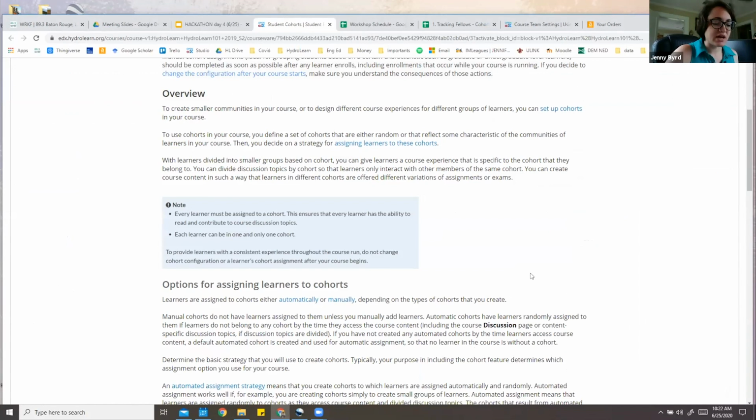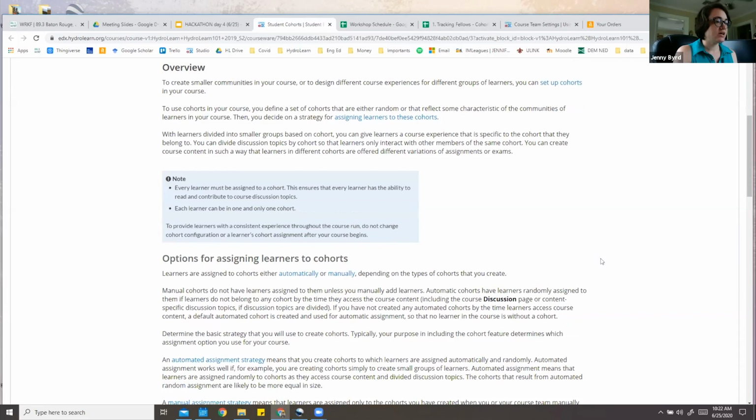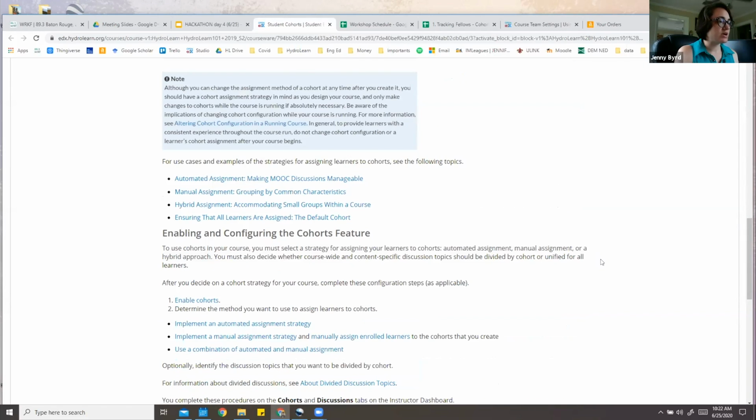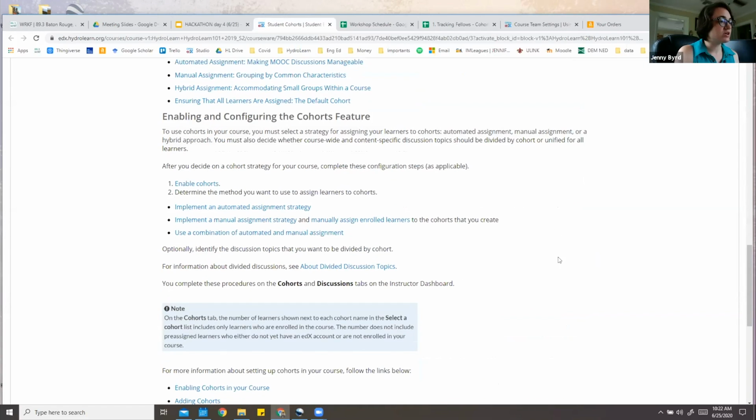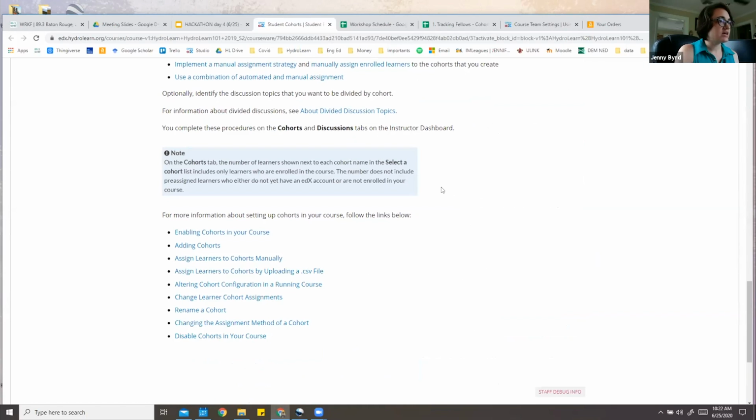Basically, as students enroll, you manually assign them to either the undergraduate cohort or the graduate cohort, and then you can divide up the content within your module to suit their knowledge as they go along. So you can divide up problem sets or quizzes. You can also assign discussions to certain cohorts. And if you want more information about enabling this feature and assigning the cohorts, it's all right here in Hydrolearn 101.